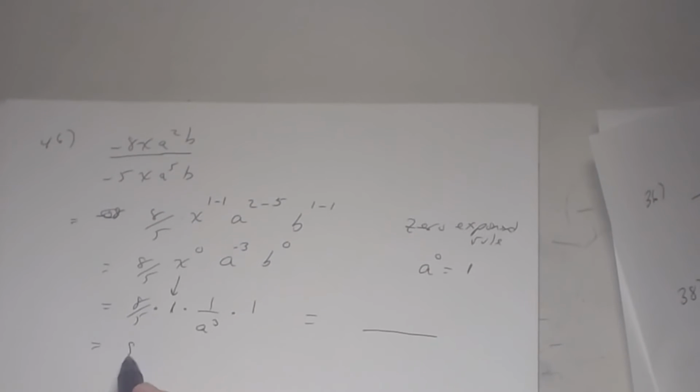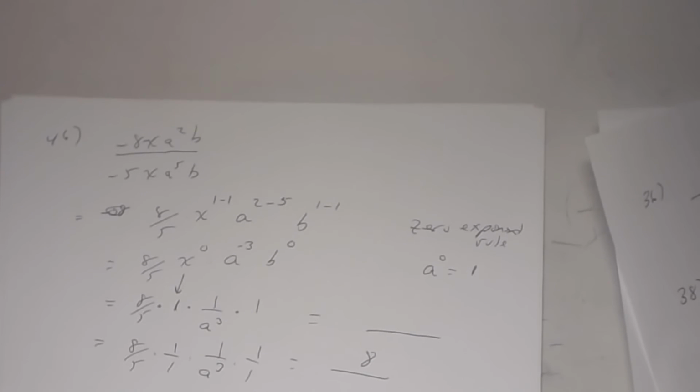So you may want to say, well, 8/5 is 8 fifths. 1 is what? 1 over 1. 1 over a to the third. And this one's also what? 1 over 1. And then you multiply the numerators together. What are my numerators? 8, 1, 1, and 1. What do you get when you multiply them? 8. What's the denominator? 5a to the third. So there's your answer.